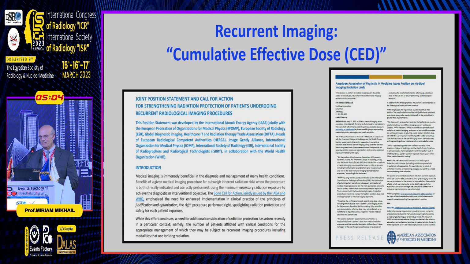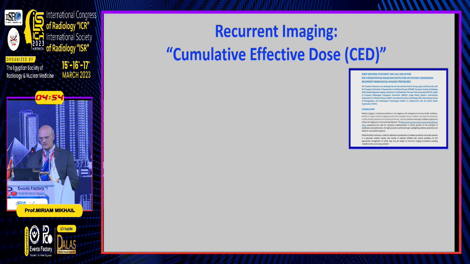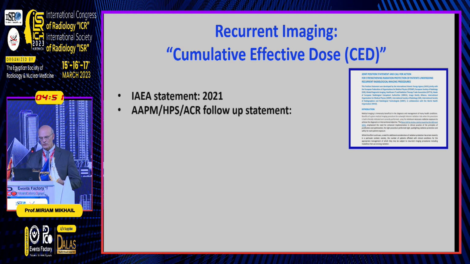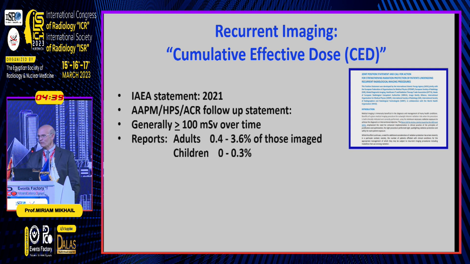And the two documents that came out that were somewhat at odds with each other were the IAEA statement and then the AAPM organization, together with some other groups, came out with a statement around 2021. And this dealt with the topic of recurrent imaging that results in doses over 100 millisieverts, which is what we're focusing on. And I will say that while this was put forth in adults, children rarely have this happen.